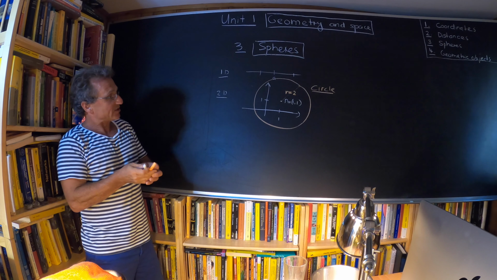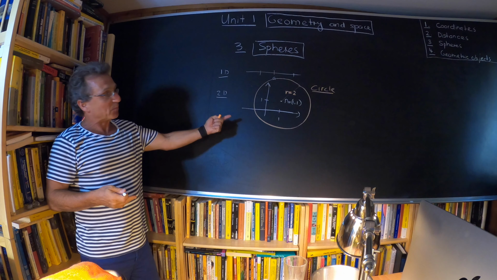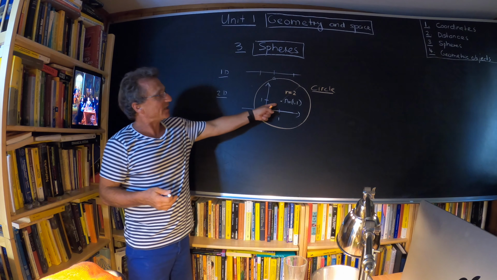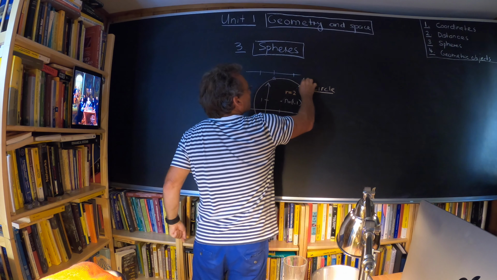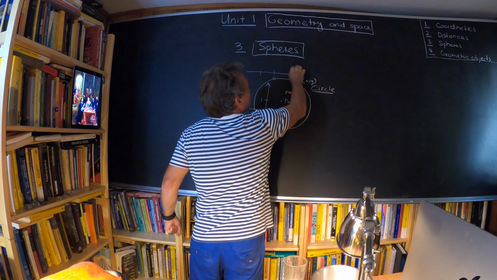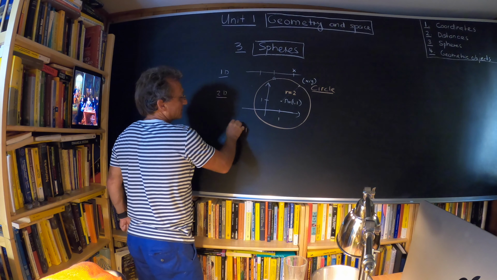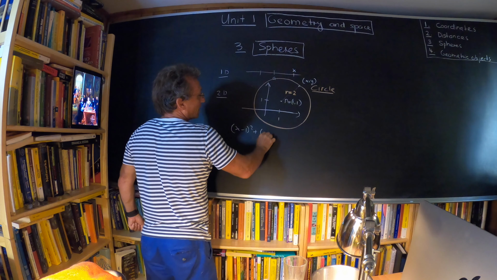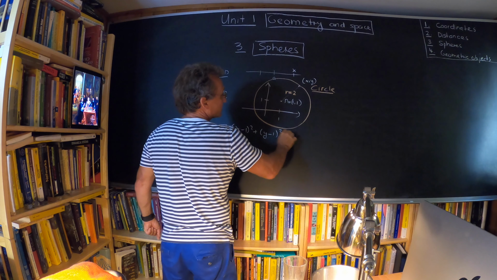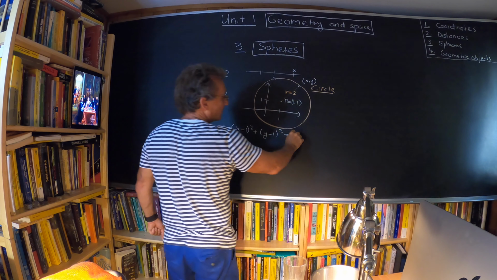The circle can be described algebraically as the set of points x, y where x minus 1 squared plus y minus 1 squared is equal to the radius squared, which is 4.